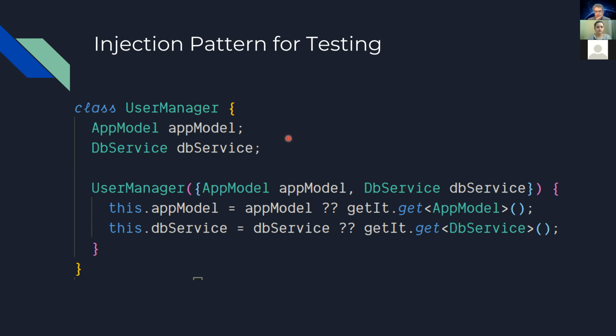So the default value could be the getIt instance. Are you sure? I think it's not possible because you can only pass constants as default parameters, and as this is calling a function, I think it doesn't work. Yeah, we can only call constants. Okay.